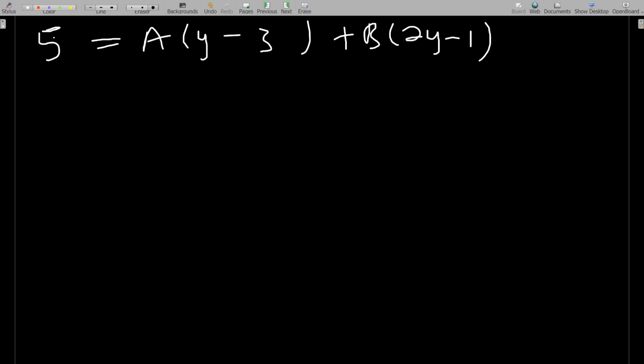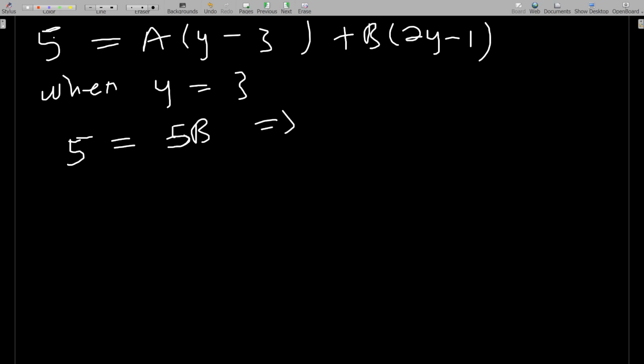So what some people can do is, when y equals 3, I'll have 0 for that place. So I have 5 is equal to a times 0, which is 0, plus b times (2 times 3 minus 1), which is 5. So I have 5b, and this implies that b equals 1.